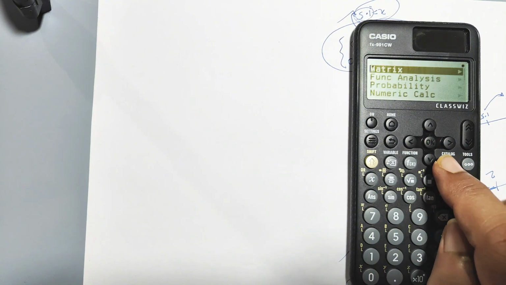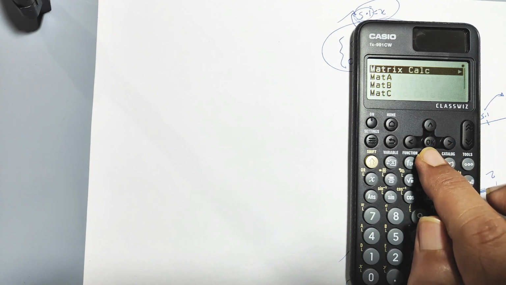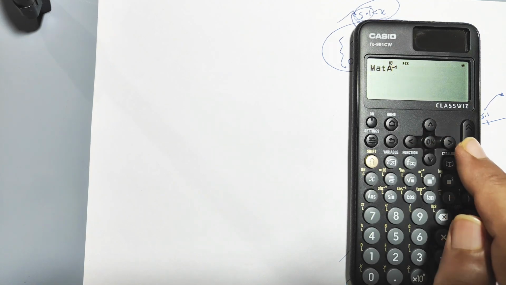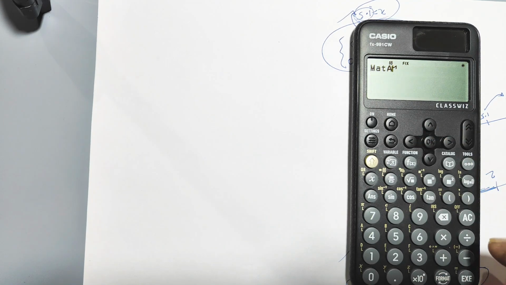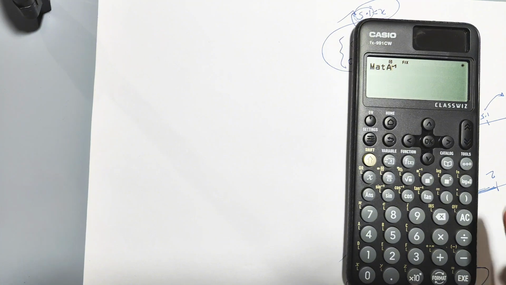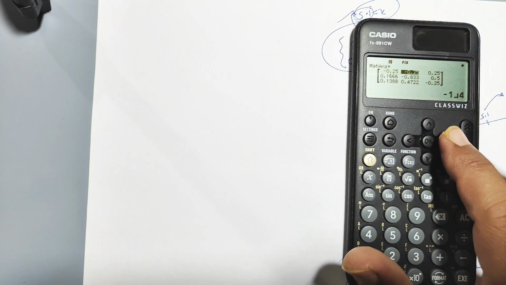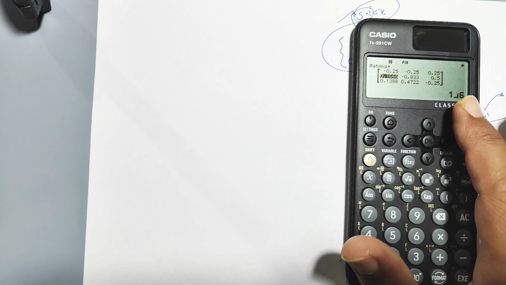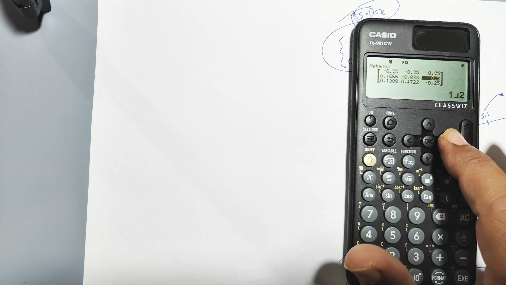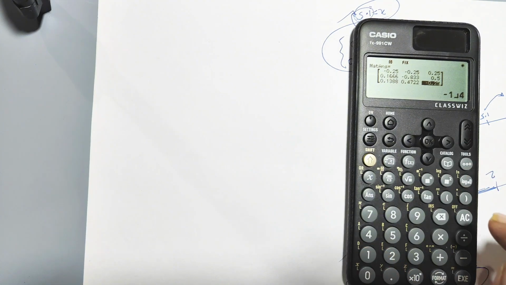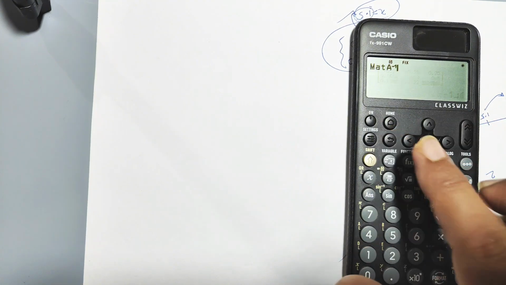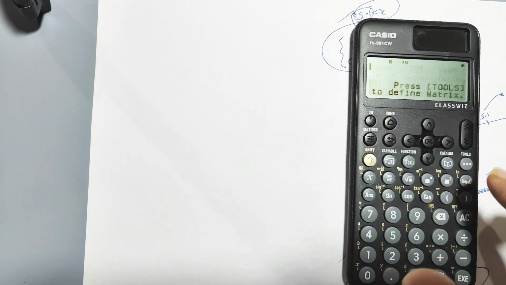Inverse of what? Again, catalog, matrix A is select. Matrix A inverse. So when you press, you will get an inverse of the matrix like this. So -1 by 4, -1 by 4, 1 by 4, 1 by 6, -5 by 6, 1 by 2, 5 by 36, 17 by 36, -1 by 4 is the inverse of the matrix. So that is how you can find the inverse of the matrix.